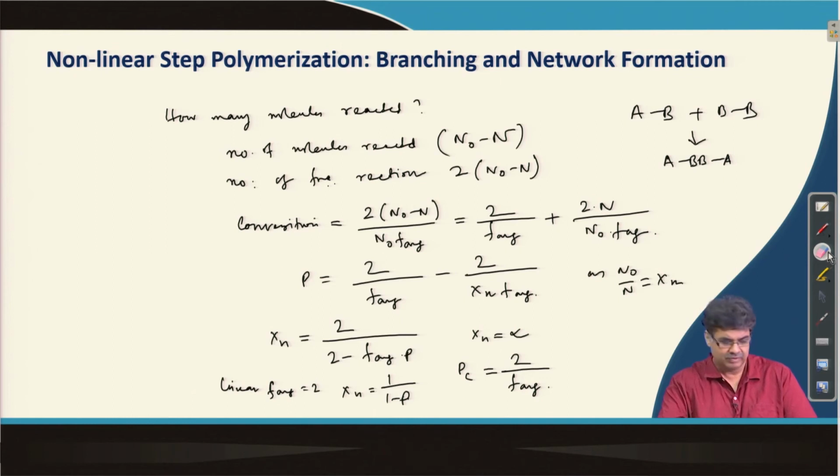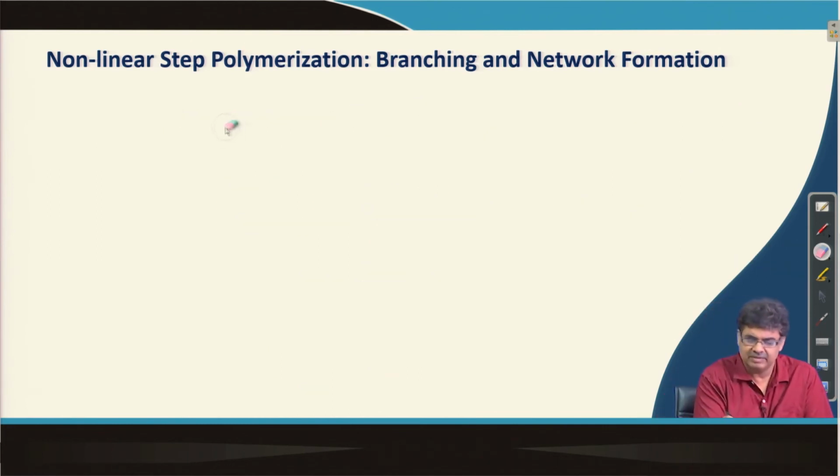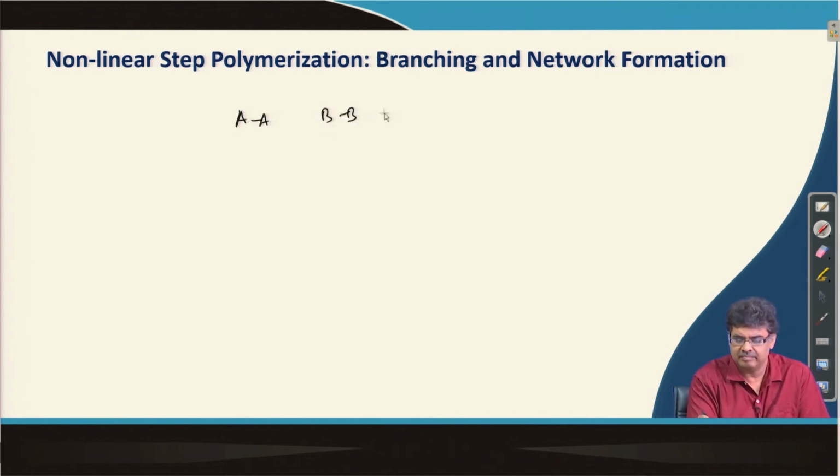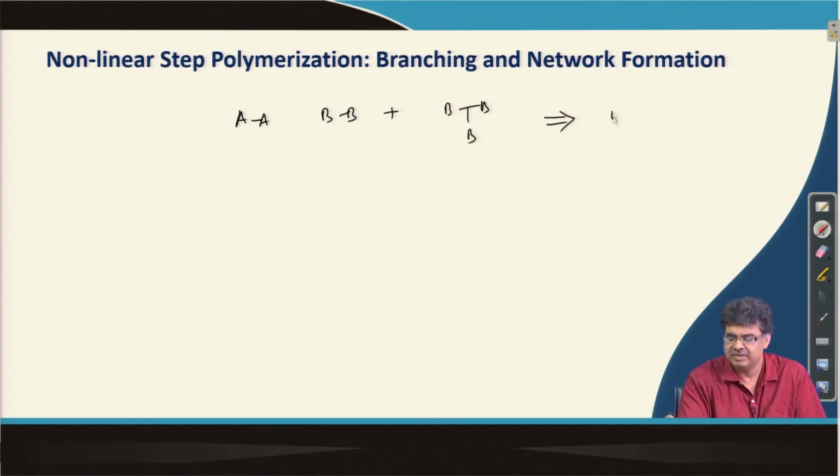So, let us move to the other systems. We gave one example of this system, an example of A plus B. In this case, we have given an example of formation of network.